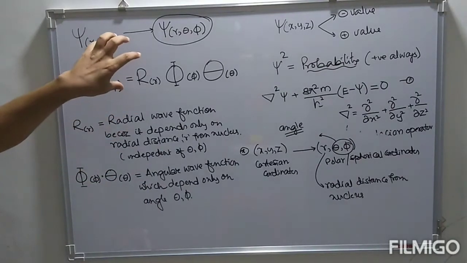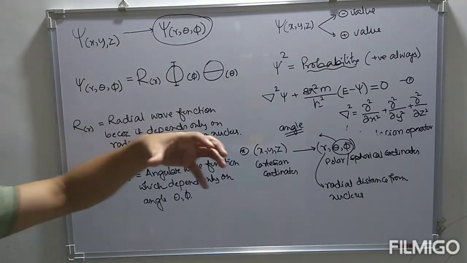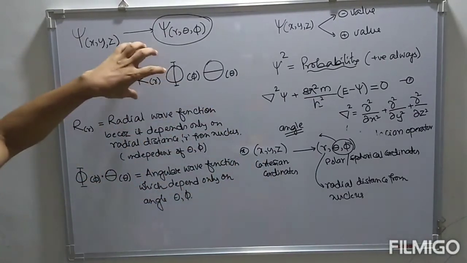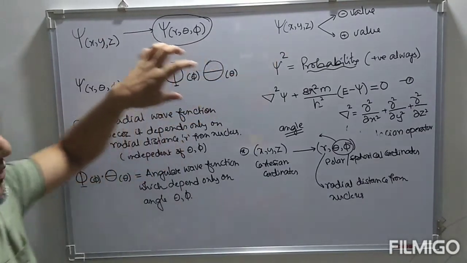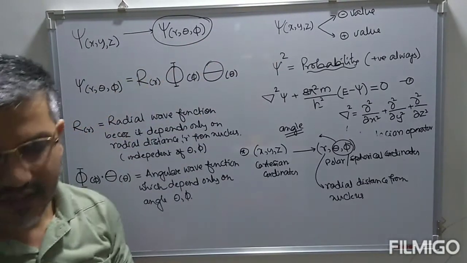Now, the complete picture of an electron in an atom is defined by this total wave function, which is a combination of three wave functions: the r function, theta function, and phi function.